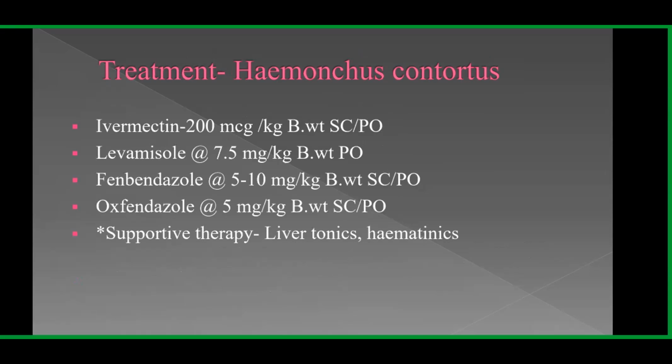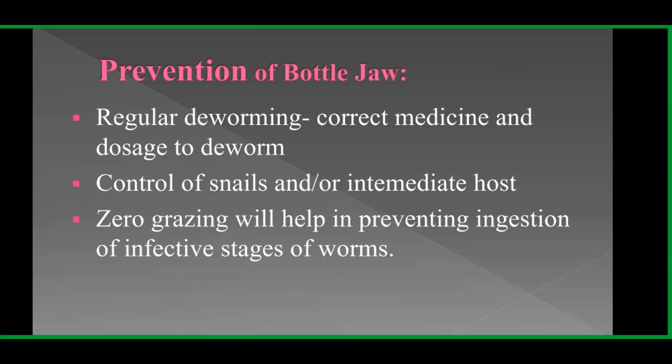Levamisole at the dose rate of 7.5 milligram per kg body weight orally. Fenbendazole can also be given at 5 to 10 milligram per kg body weight. Then oxfendazole can also be given at the dose rate of 5 milligram per kg body weight. Supportive therapy: liver tonic and hematinics can be given.